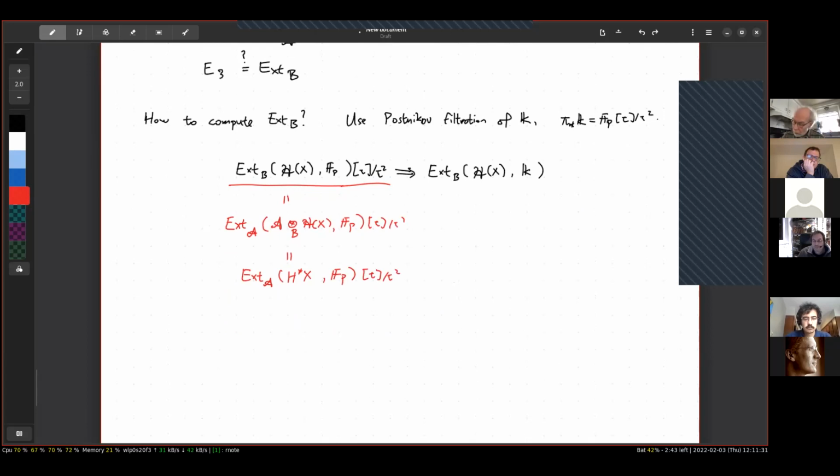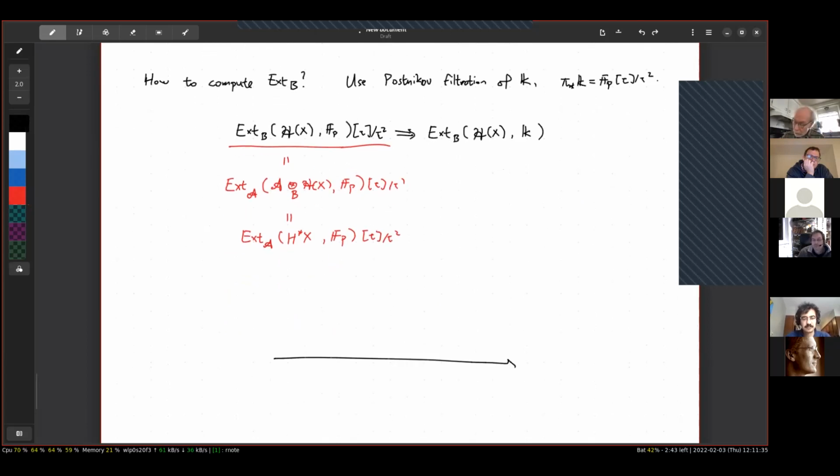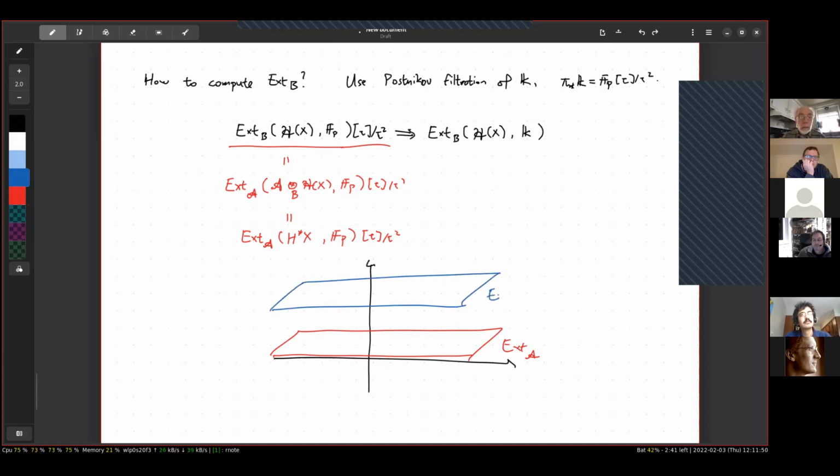So we have the spectral sequence whose E2 page, or E1 page, whatever you want to call it, looks like this. Downstairs we have one copy of Ext over A, and upstairs we have another copy of Ext over A. And there's a bunch of differentials between them.